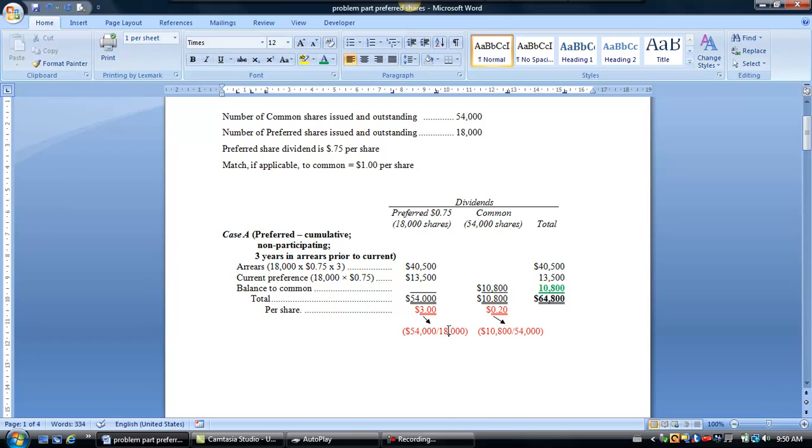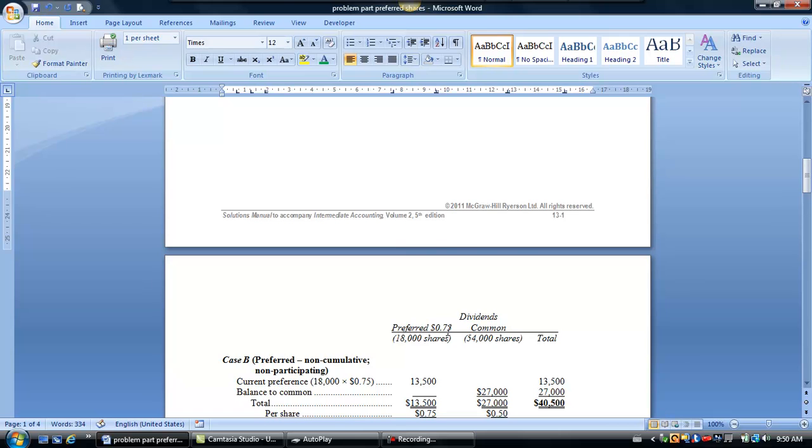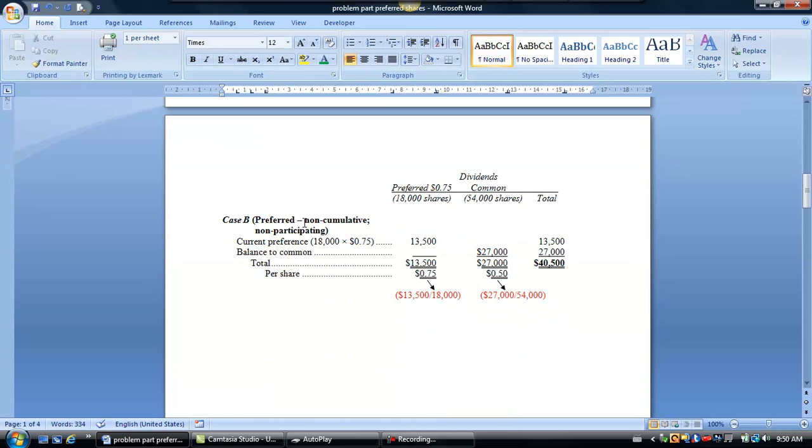Okay, so now let's go to the next case, and the next case tells us that we have preferred that are non-cumulative and non-participating, so this is actually even easier than case A because there's no arrearages to be paid to the preferred shareholders. They're simply getting their annual allotment based on the 75 cents a share. In this case, we were told that we're declaring 40,500 in dividends.